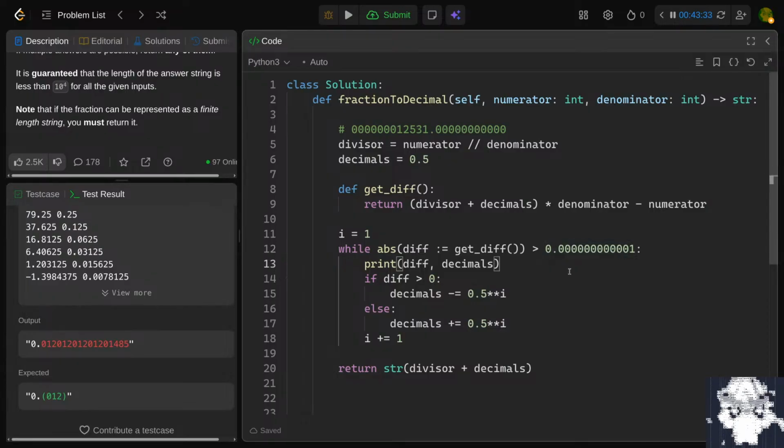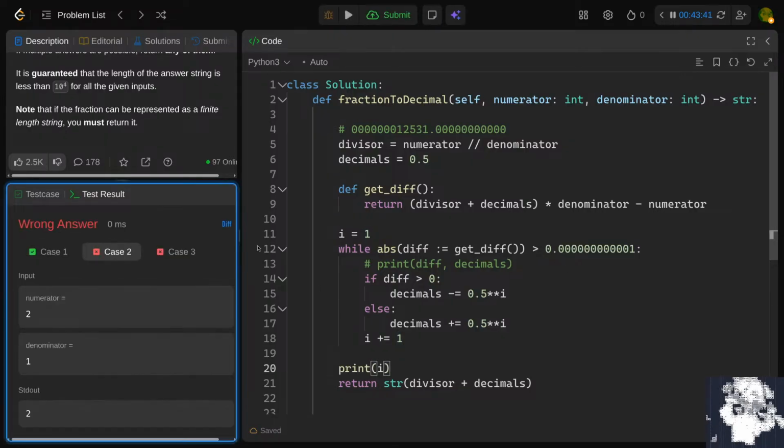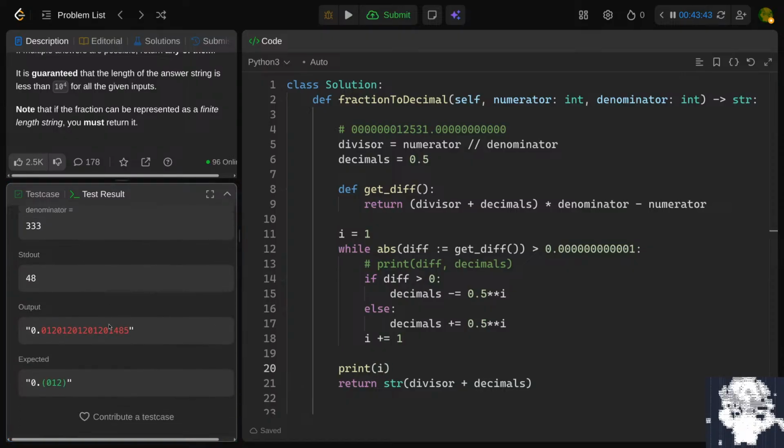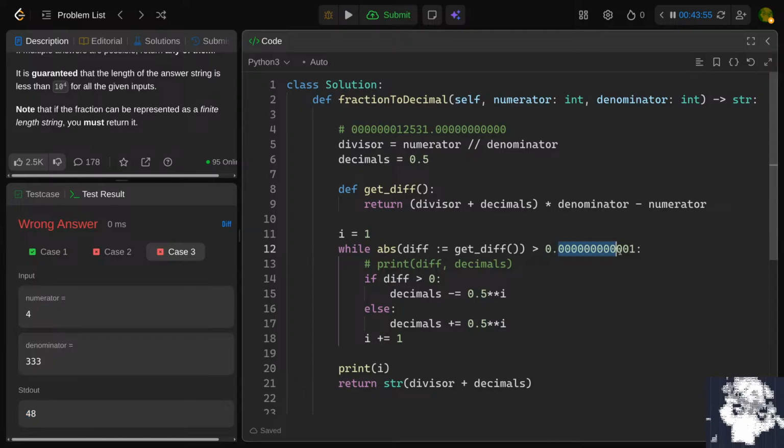I'm also curious, how many steps does it take to converge like this? So if you print I here, it took 48 steps. And what if I wanted 10 to the 4 digits of precision? Instead of having like 10 zeros here, I would have to have 1,000 zeros.